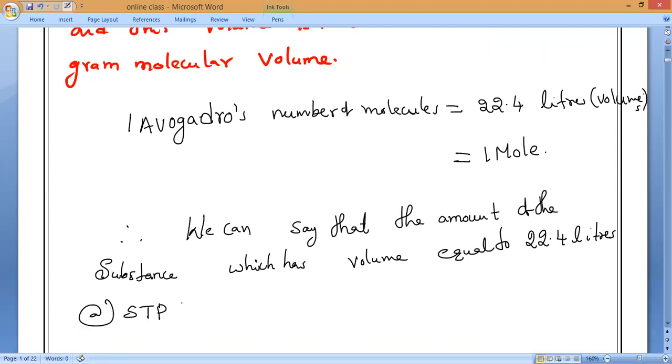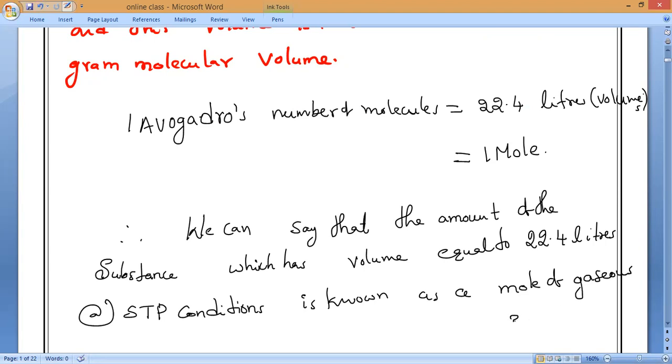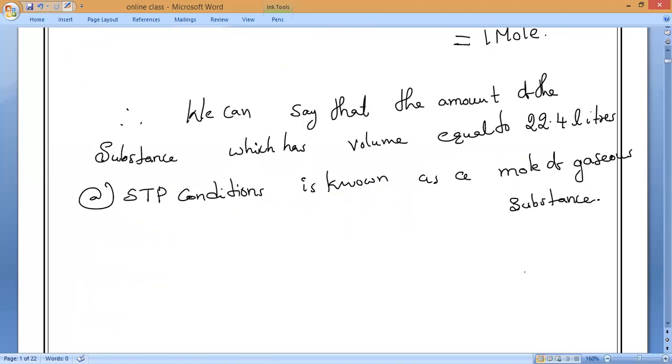STP means what? Standard temperature and pressure. STP conditions is known as a mole of a gaseous substance.